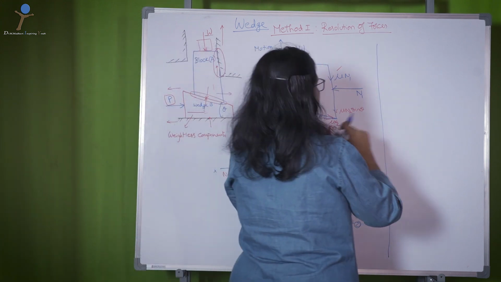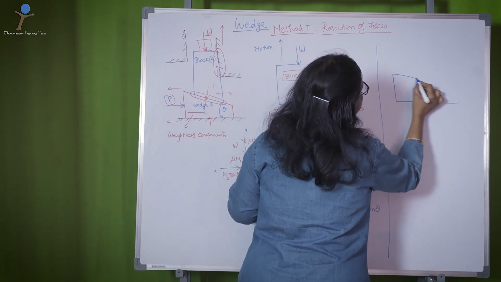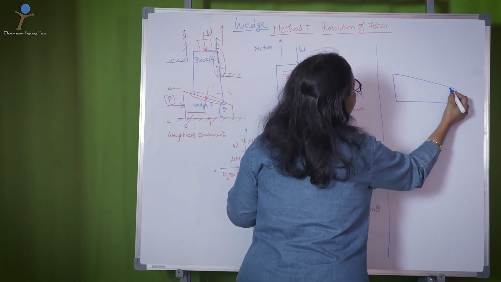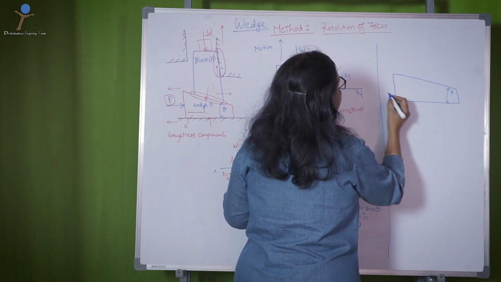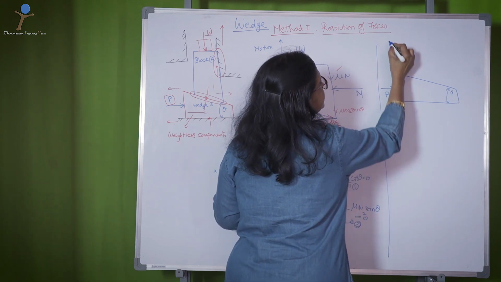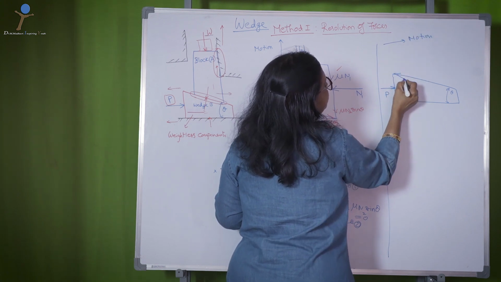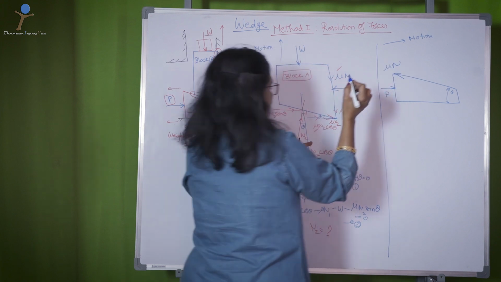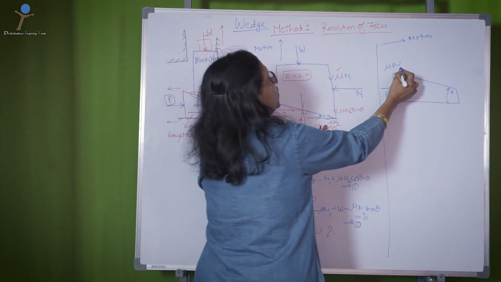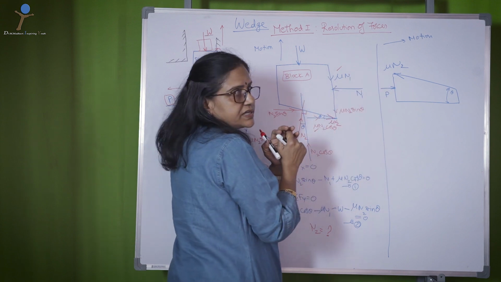The wedge problem goes this way, forces on the wedge, okay, this is theta. This is the force P. As this is the force P and the motion is in this direction, the frictional force mu n2 is equal and opposite in direction.